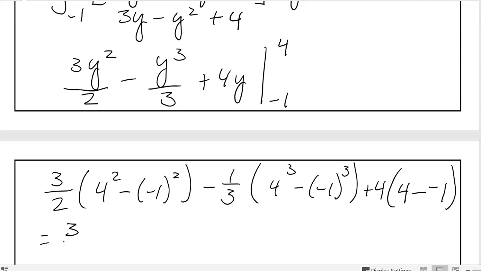Simplification would lead me to have 3/2 times 16 minus, well, a negative 1 squared is positive 1, so 16 minus 1 would give me 15.